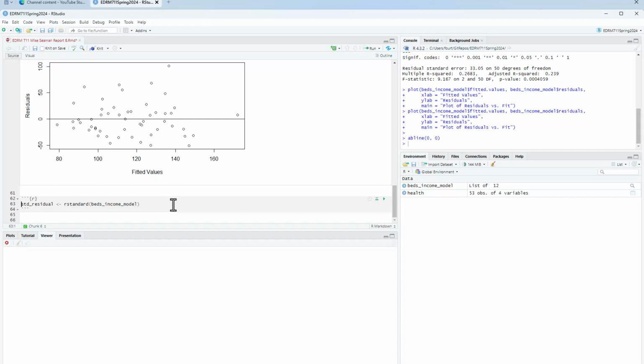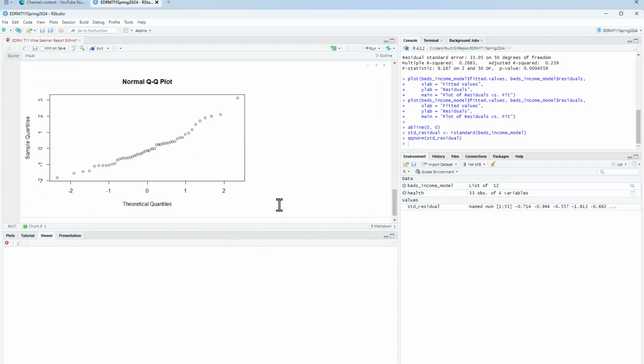And then once we have the standardized residual, we can use that in what's called a QQ, or quantile plot. We're going to use a normal quantile plot. The function I'm using here in R is qqnorm. So I'm taking my output from the rstandard command and putting it as input here for qqnorm, and it provides something like this.